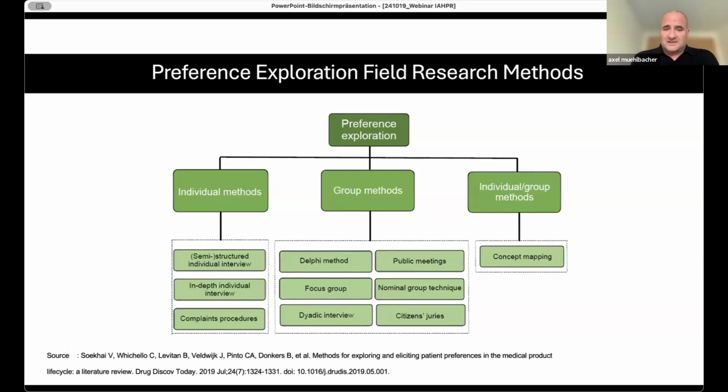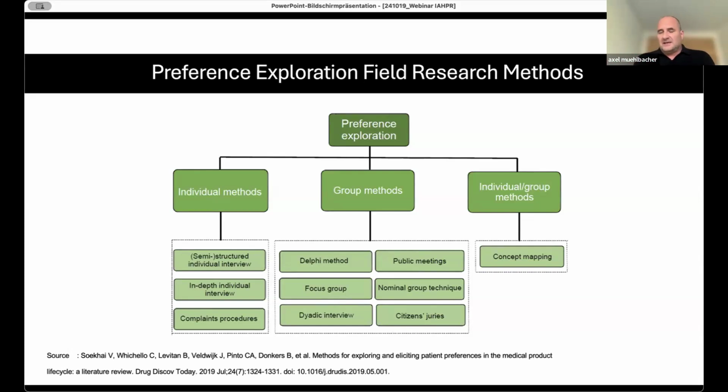And there is a very interesting paper written by Sokai looking at the large array of these different methods to explore preferences in certain groups. They came up with a setup doing individual methods, using semi-structured interviews, in-depth interviews, even complaint procedures in real life can be introduced.